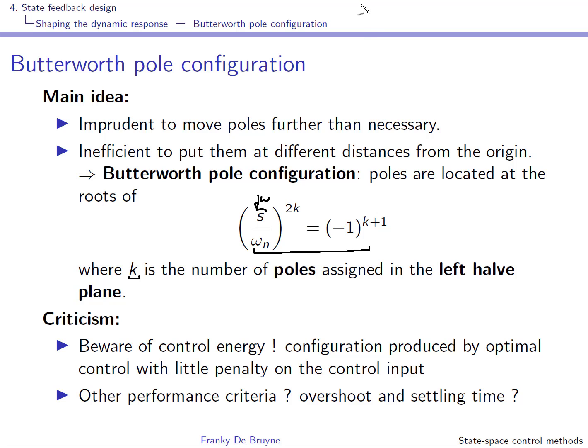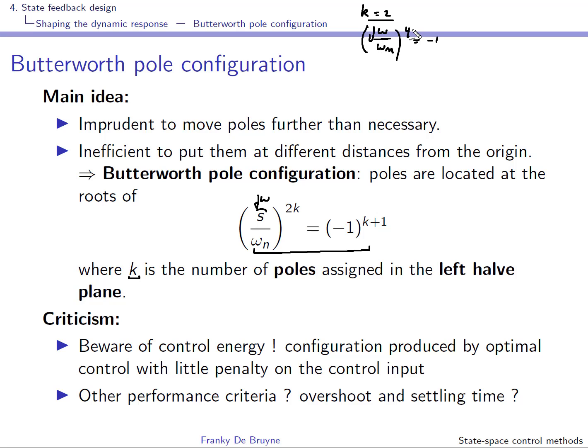So let's have a look at a case where we want to place two poles in the left half plane. We'll have k equal to 2, and the equation will be (j omega divided by omega n) to the power 4 is equal to minus 1 to the power 3, so minus 1.